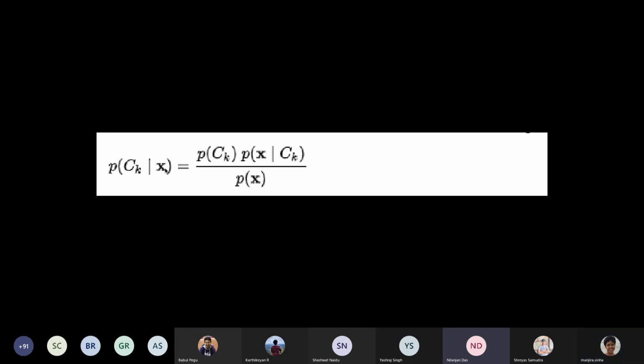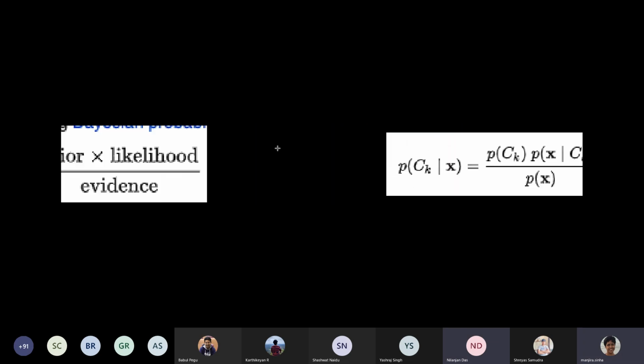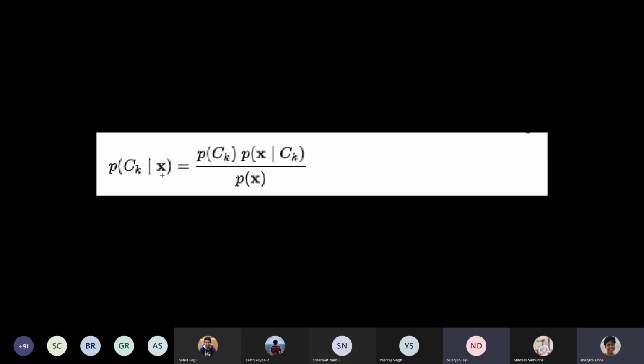So in other terms, this probability is called the posterior probability. This is called the prior probability, which is the probability of the classes, because we assume that the classes were generated first and then we create X based on the class.